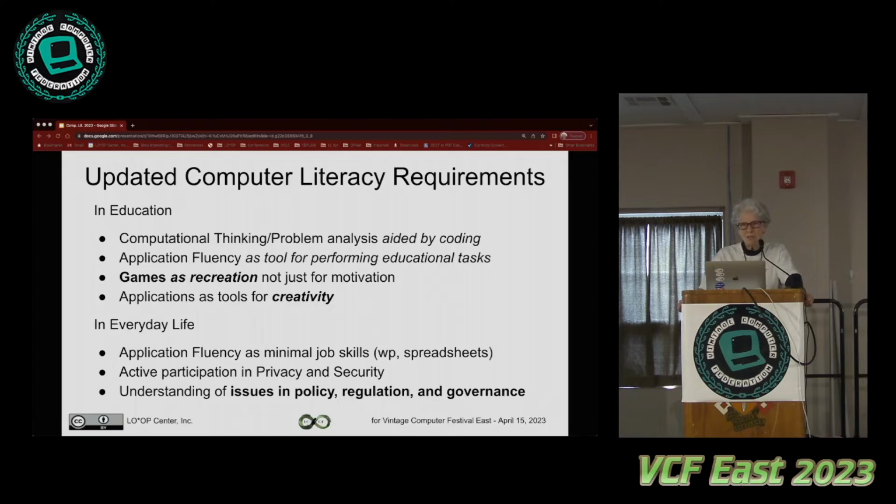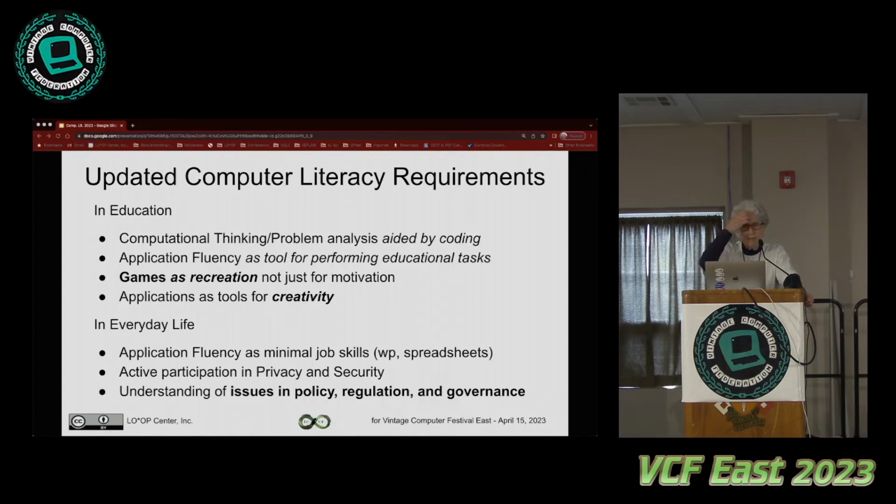We used to think that we had to teach programming. Now we call it computational thinking. And certainly computational thinking and problem solving and problem analysis, I think everybody needs that. But you don't need it just to operate a computer. You need it for everything. So I think that's part of the social literacy.